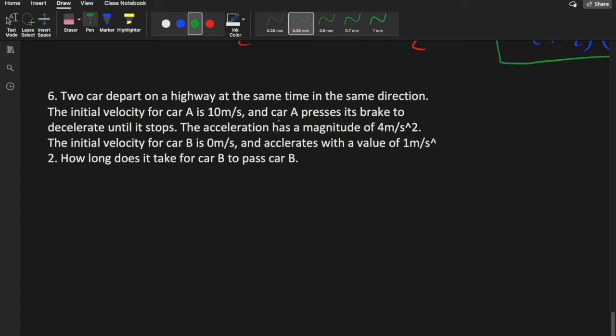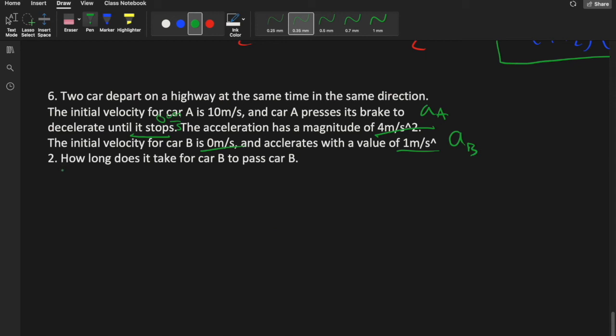Car A presses its brake to decelerate to a stop, so final velocity of 0 meters per second. The deceleration has a magnitude of 4 meters per second squared. The initial velocity for car B is 0 meters per second, and it accelerates at a half meter per second squared.